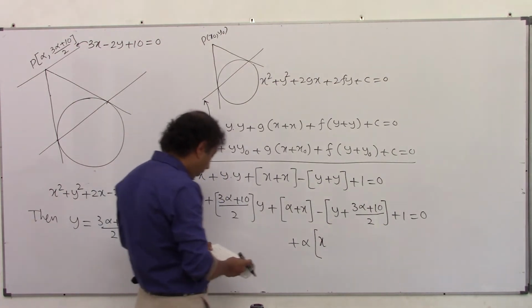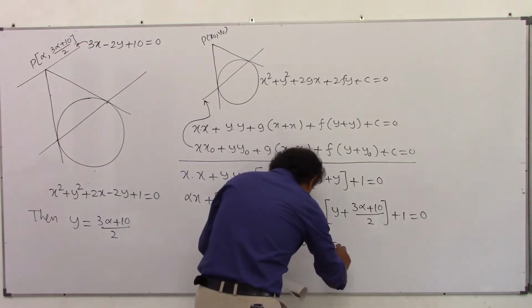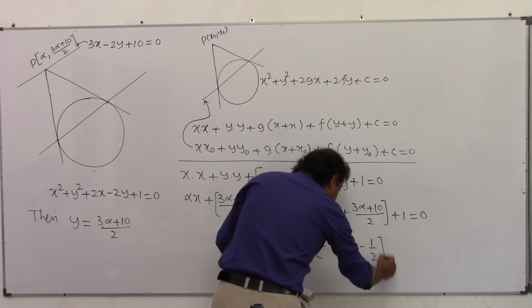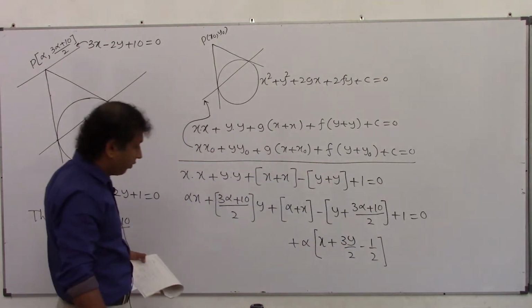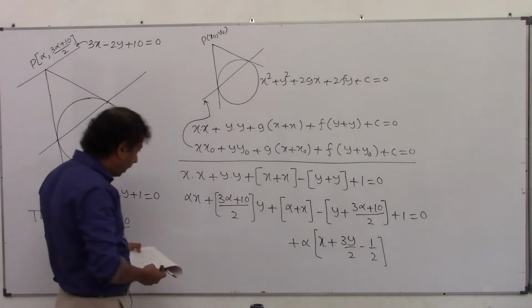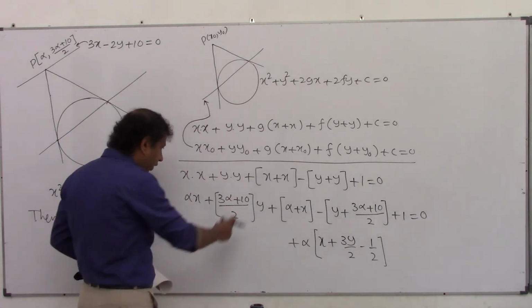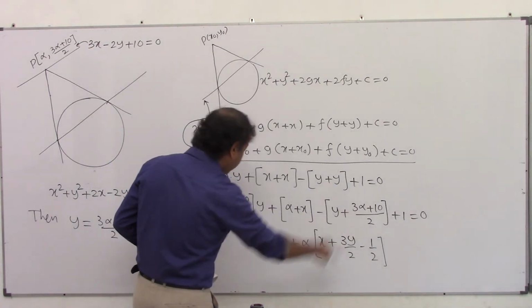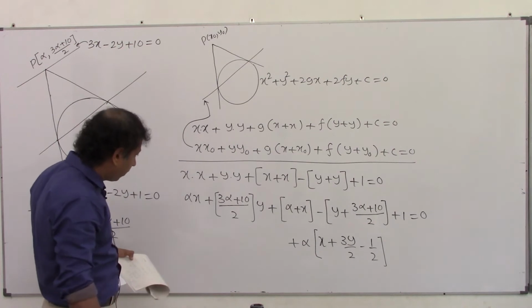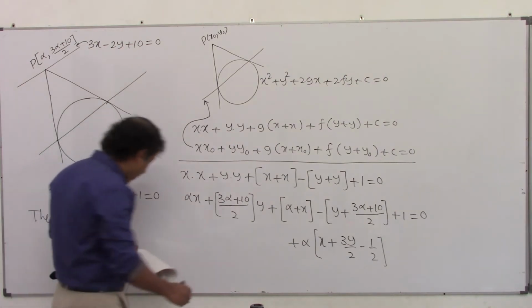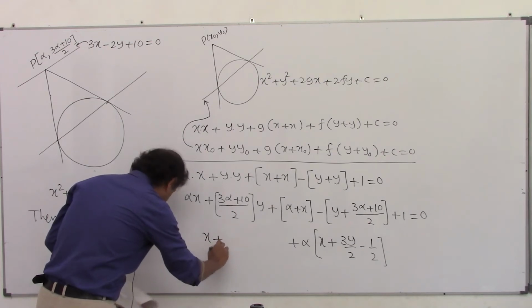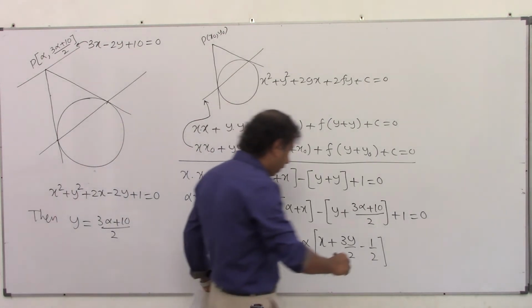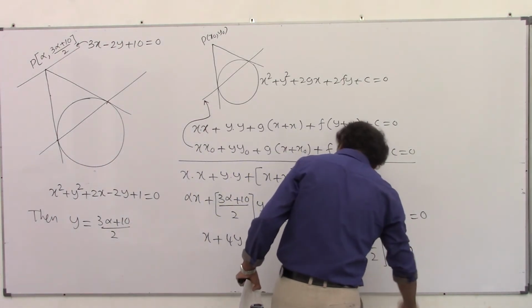Finally, after taking this alpha out, we get this kind of expression inside the bracket, alpha is outside, and the other terms independent of alpha: here 10 by 2 is 5, here x, here minus 5, and there 1. Then we get x plus 4y minus 4.